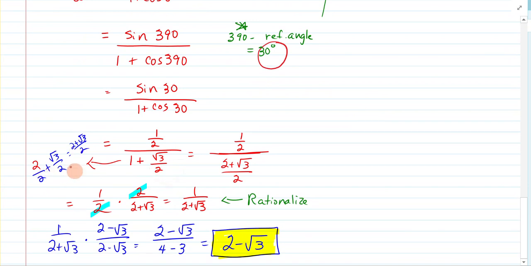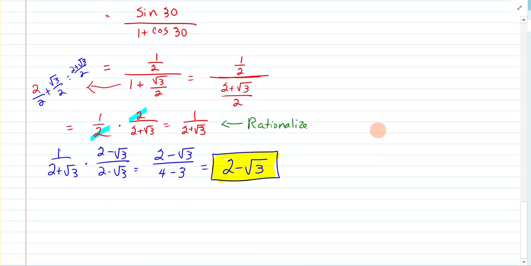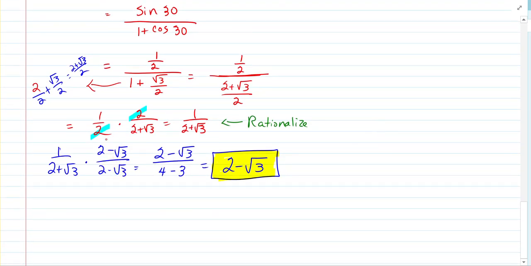I did that algebra, turning that into one fraction. So I have 1/2 over 2 plus the square root of 3 over 2. 1/2 times, flip this, the 2's go away, and we have 1 over 2 plus the square root of 3. We have to rationalize that on the bottom. Remember that we multiply by the conjugate, and the conjugate is the same as this, but with a different sign.